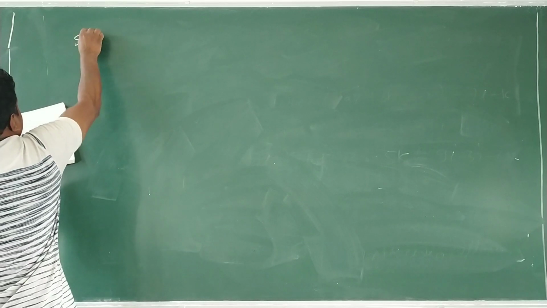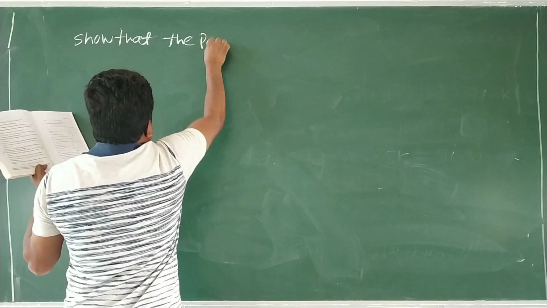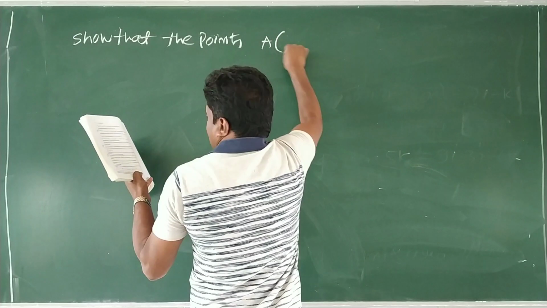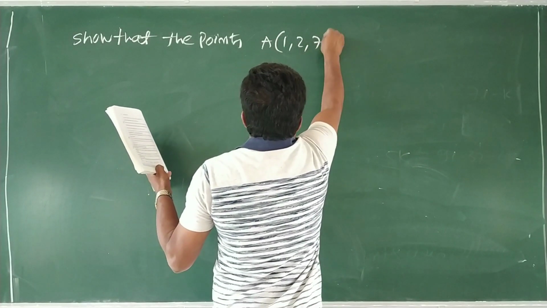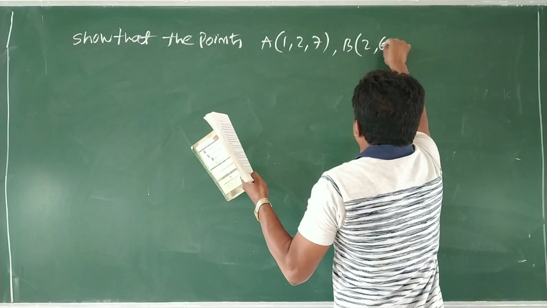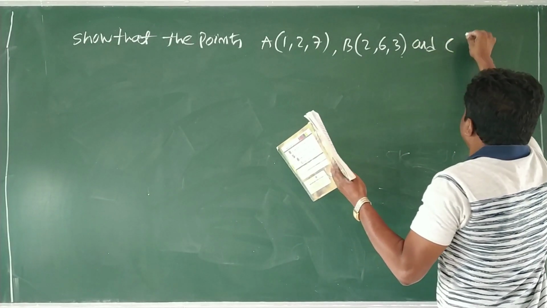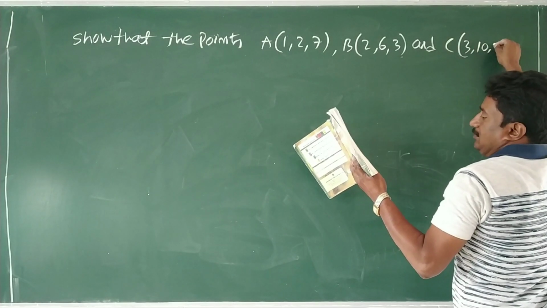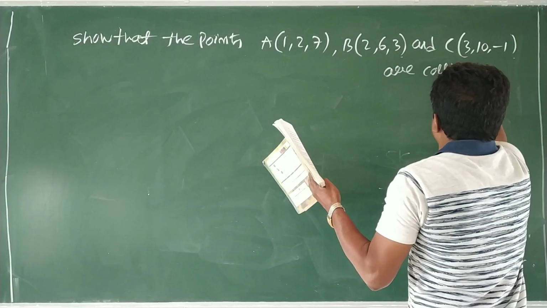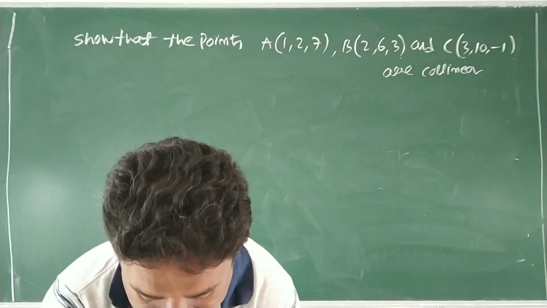Show that the points A(1, 2, 7), B(2, 6, 3) and C(3, 10, -1) are collinear.